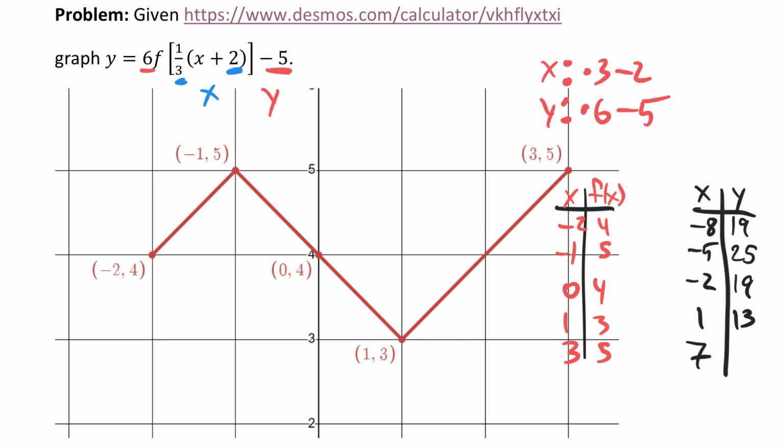And then the 5 is, again, 6 times 5 is 30, minus 5 is 25. So a lot of mental math going on there to go from our old table to our new table. But once we have our new table of values, we can simply put these on a graph.